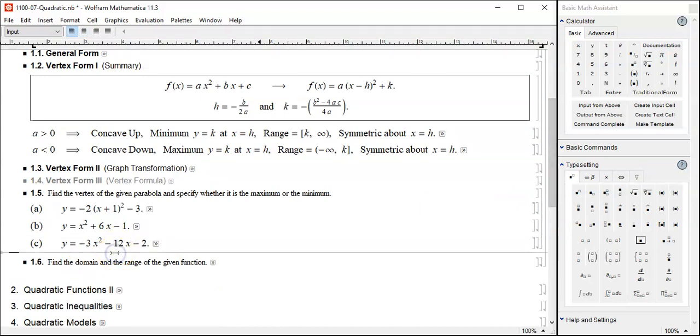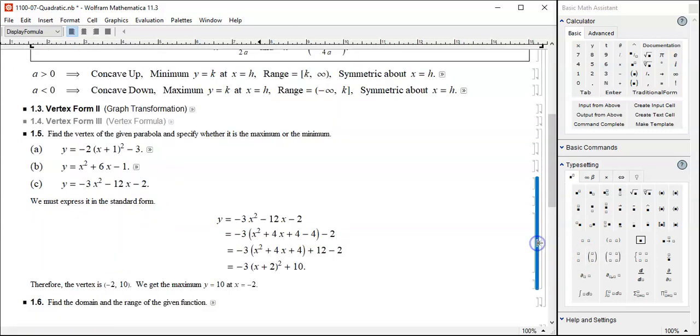How about the next problem here? Kind of same problem. So here we go, completing the square. Factor negative 3 out. So we have up to here. And then artificially add plus 4 minus 4.